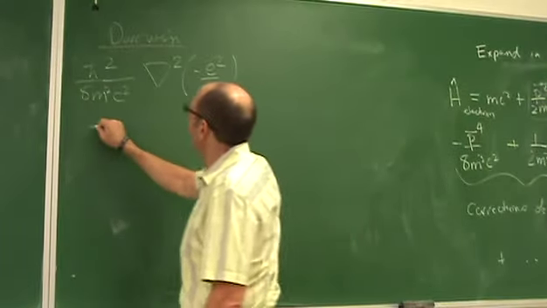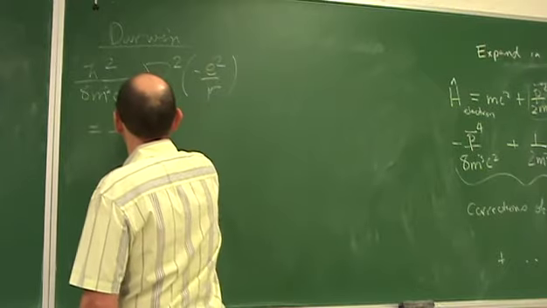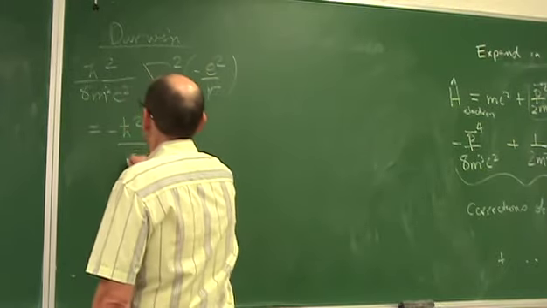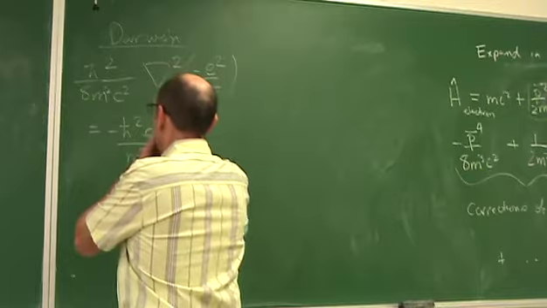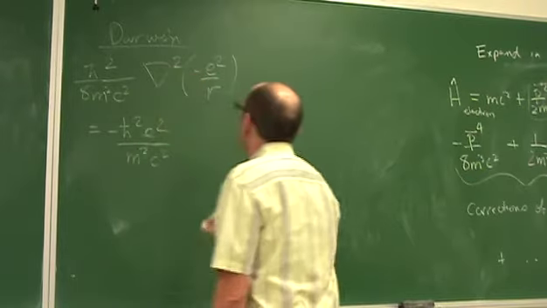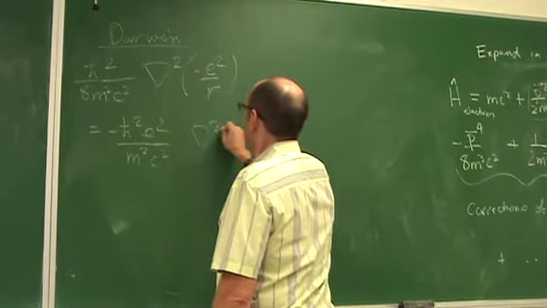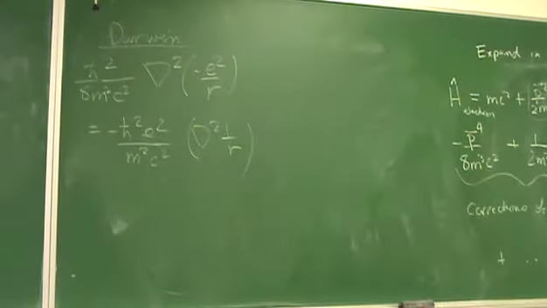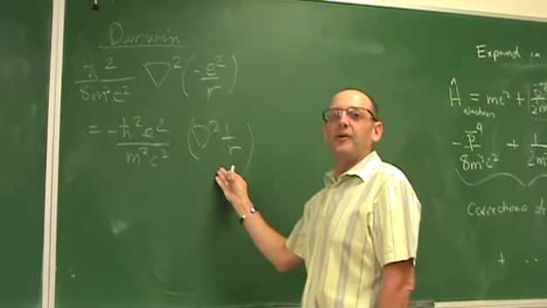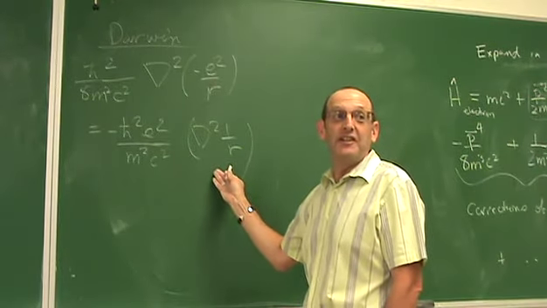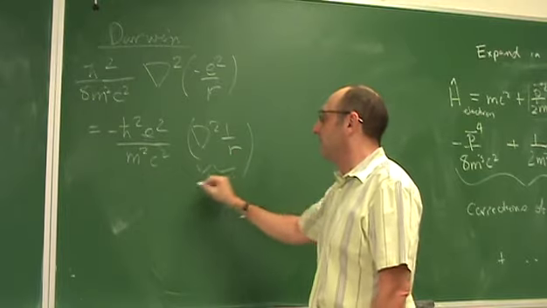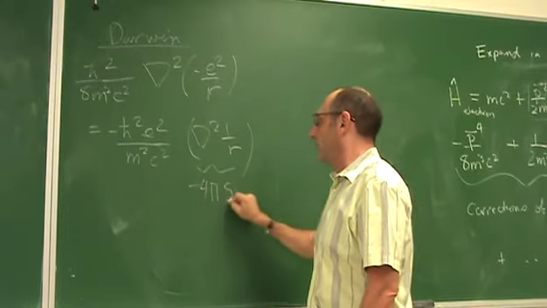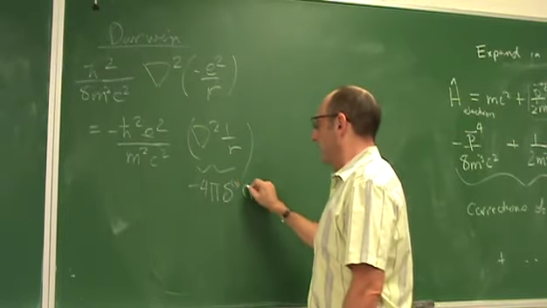This is then equal to minus h bar squared e squared over m squared c squared times del squared of 1 over r. Which you will remember is the Poisson equation for a point charge, which is minus 4 pi times the three-dimensional delta function.